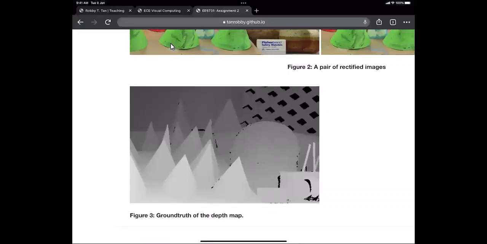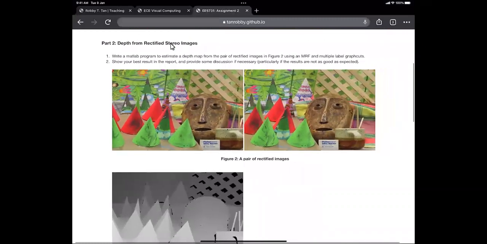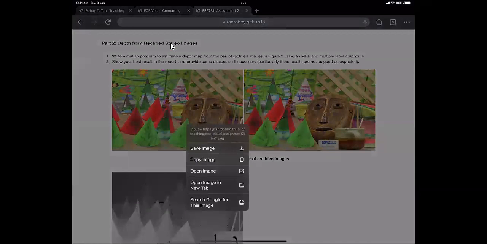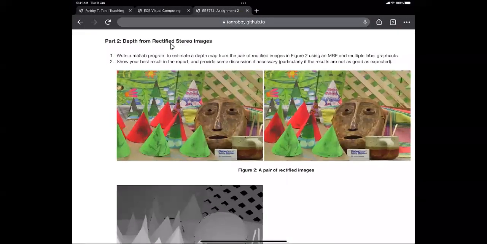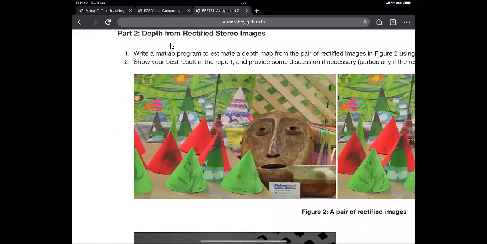So now, how can we compute this? This is the question here. From these two images, rectified means that if you want to know the corresponding pixel of the tip of the cone, you can just draw a horizontal line.